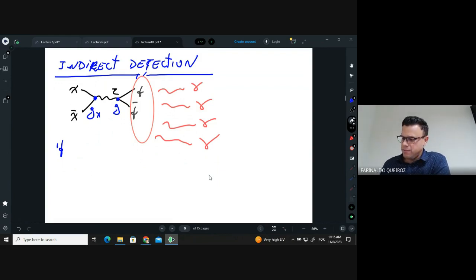Where's my pencil? Maybe? No. Could be my pencil too. Okay, it worked. So maybe it was just a bug. So if M chi is larger than MZ, if larger than MZ, then you have this diagram above, and you also have this diagram. Wait, come on. No, this must be a bug because it was working before, right?